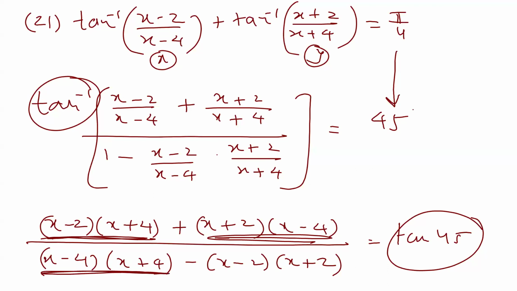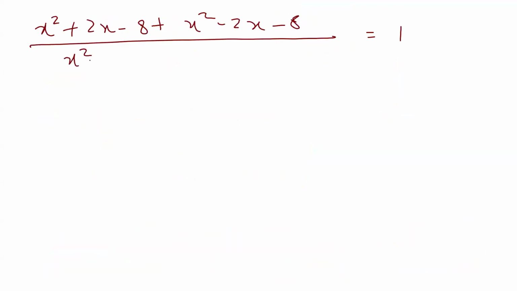This is x square minus 16 minus (x square minus 4). Put a bracket because in between we are having a minus sign. Okay.